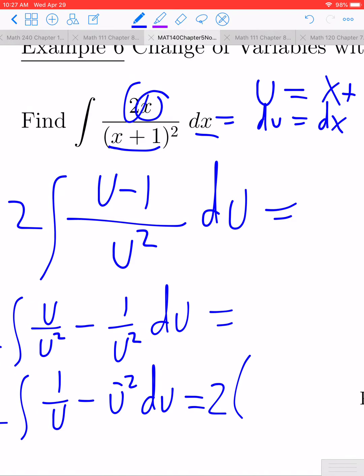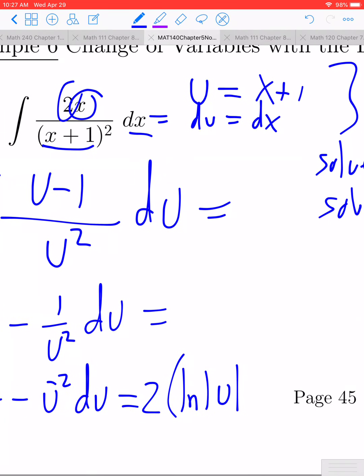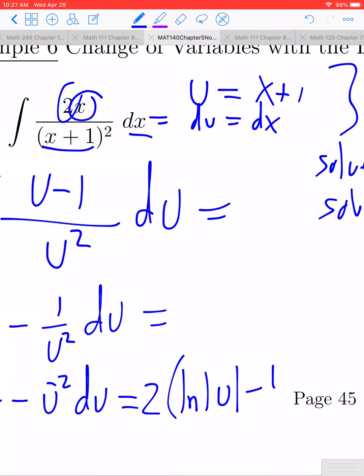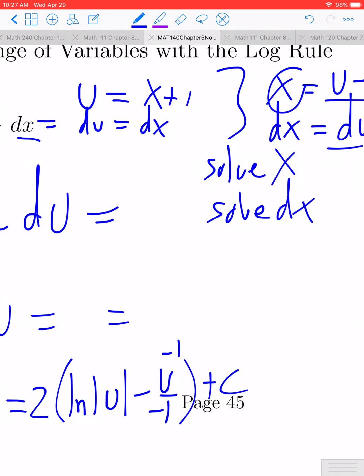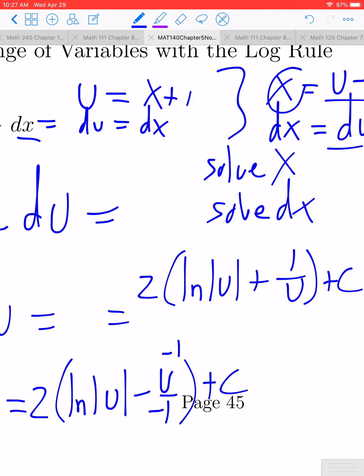The antiderivative is going to be the natural log of the absolute value of u minus, if we add 1 to the power, we get negative 1. We have to divide by that new power, negative 1, plus c. This is equal to 2 times the natural log of the absolute value of u, plus 1 over u, plus c.